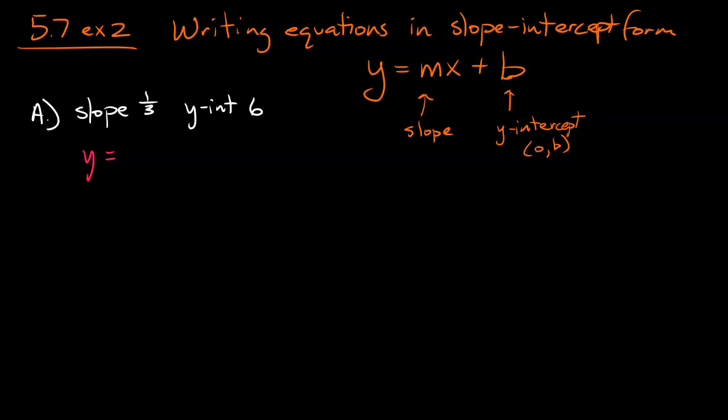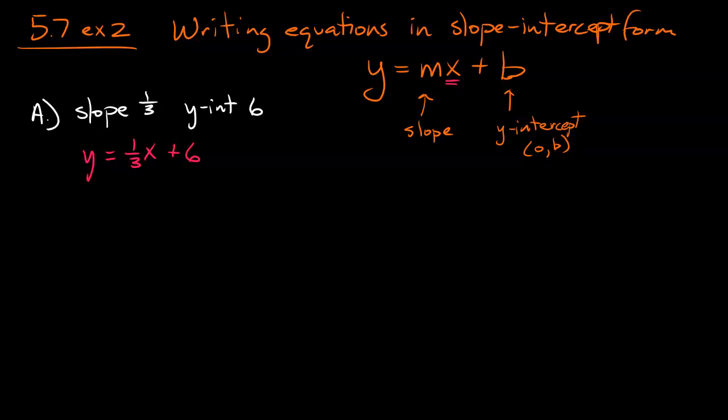Oh, go for it. Very close, and basically perfect. The only thing you left off was this x. This x is always going to be in the answer. But otherwise, that's perfect.